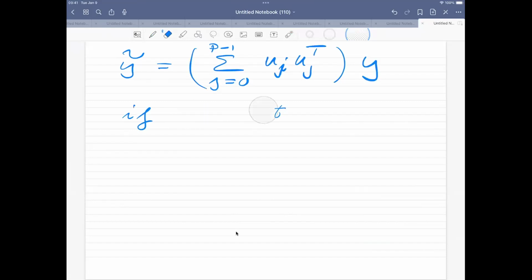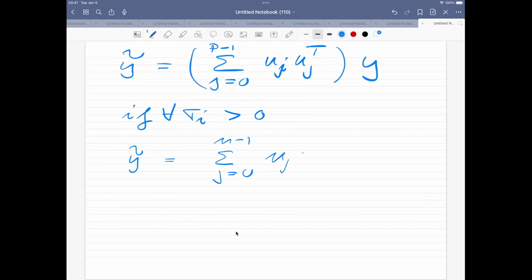So if we can invert the matrix X transpose times X, and we have singular values, so if all sigma i's are larger than 0, then what you would have is that Y tilde would be equal to the sum from J equals 0 to N minus 1 of U_J U_J transposed Y. And this would just be the identity. So that means that Y tilde in that case is equal to Y.